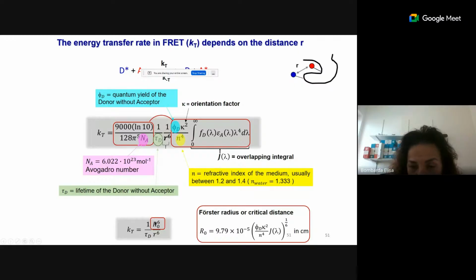It has the dimension of a distance, and is called the Förster radius. So that is practically the result of the calculation of Förster. That's why it's called like this.